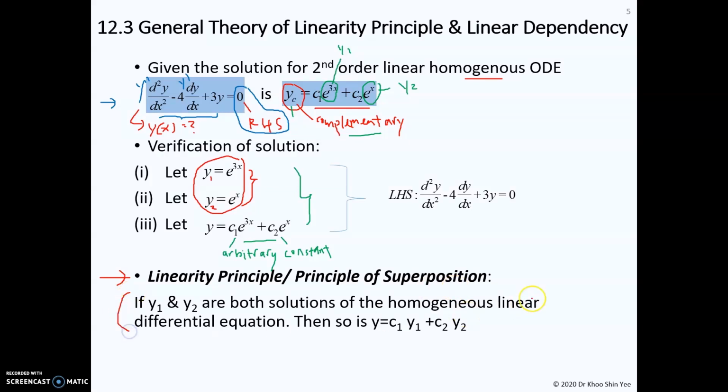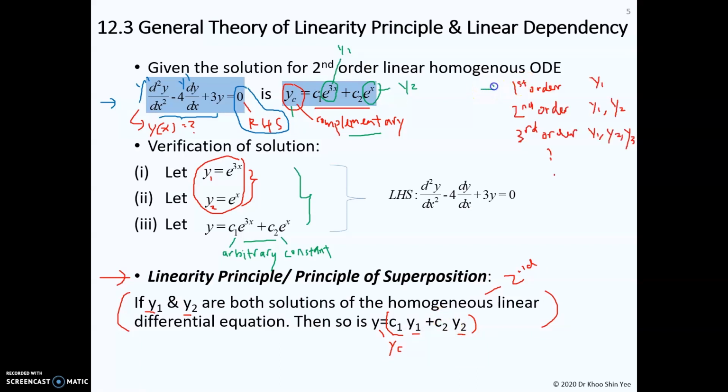This principle says that if you obtain two solutions y1 and y2 for the second order homogeneous linear ODE, then the total complementary solution can be a linear combination, where you have the first solution multiplied by the arbitrary constant 1 plus the second solution multiplied by the second arbitrary constant.